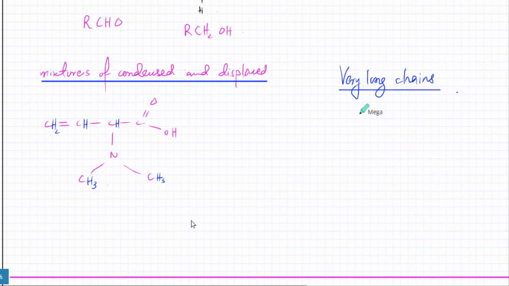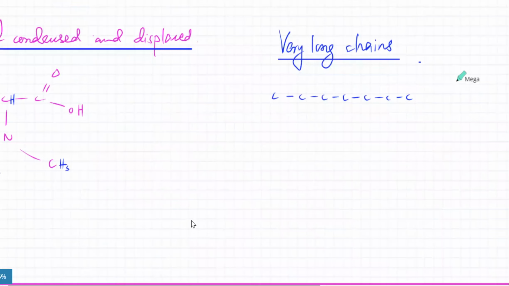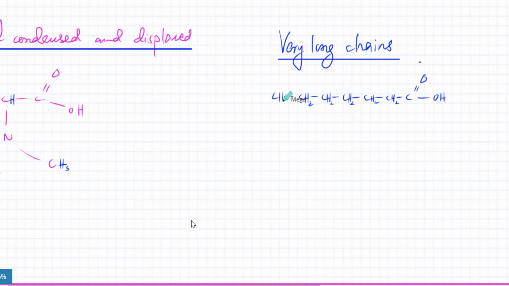For example, if I have a molecule with a big carbon chain, and it's got a carboxylic acid at one end, there would be 2 hydrogens with this one, 2 hydrogens over here, 2 hydrogens, and this one will have 3 hydrogens.